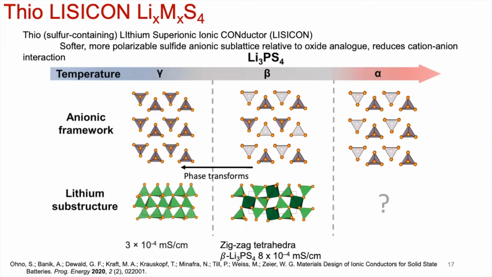In the beta phase, they're also zigzagging. So the apex of each tetrahedron points 180 degrees from the next, in the opposite direction. And then this even higher temperature alpha phase, we don't know yet. To be seen.